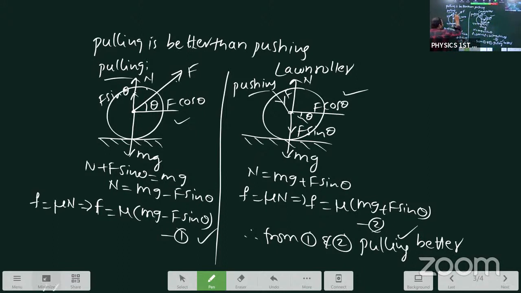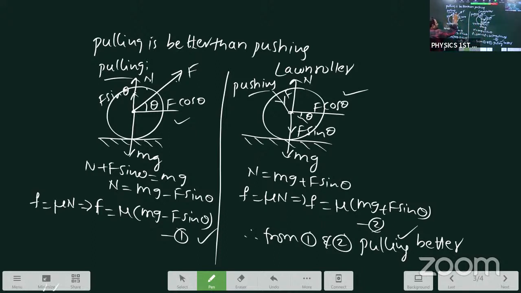Normal reaction upwards, mg downwards. Normal reaction upwards, mg downwards. F is the external force, pulling means up, pushing means in. When you are reading this lawn roller question, concentrate especially on the diagram. Every answer, every step, they are getting from the diagram.